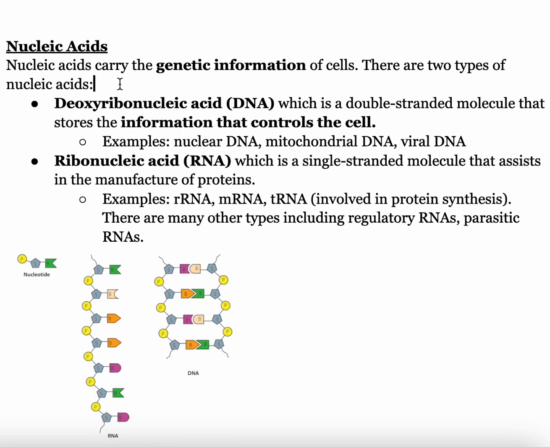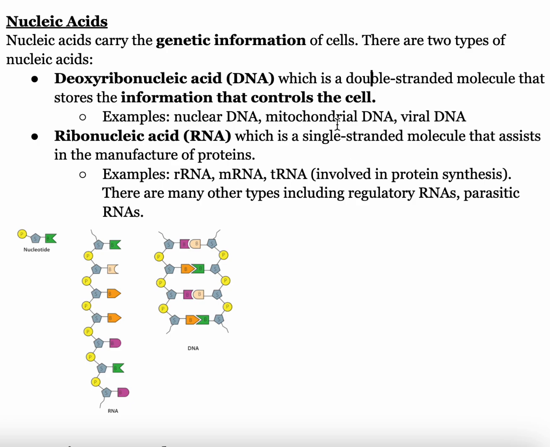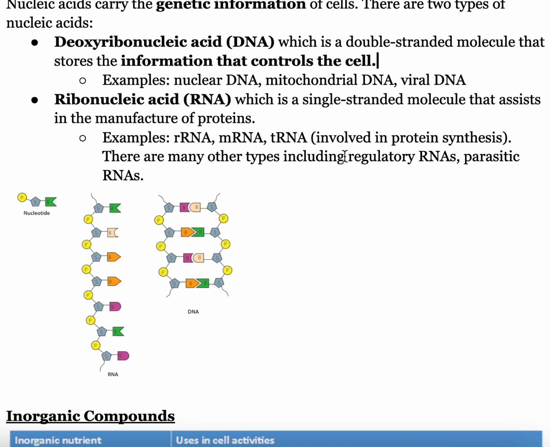Nucleic acids. Nucleic acids carry the genetic information of cells. There are two types of nucleic acids, DNA and RNA. DNA is a double-stranded molecule that stores the information that controls the cell. Basically like an instruction manual for the cell.